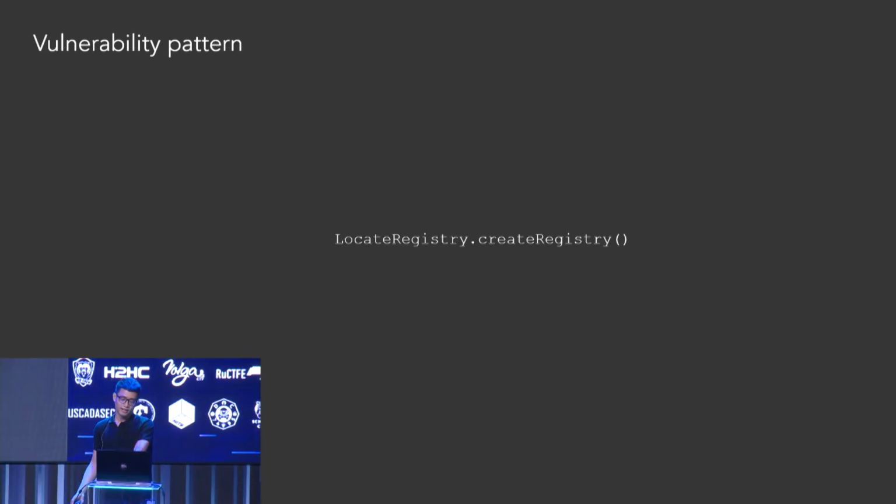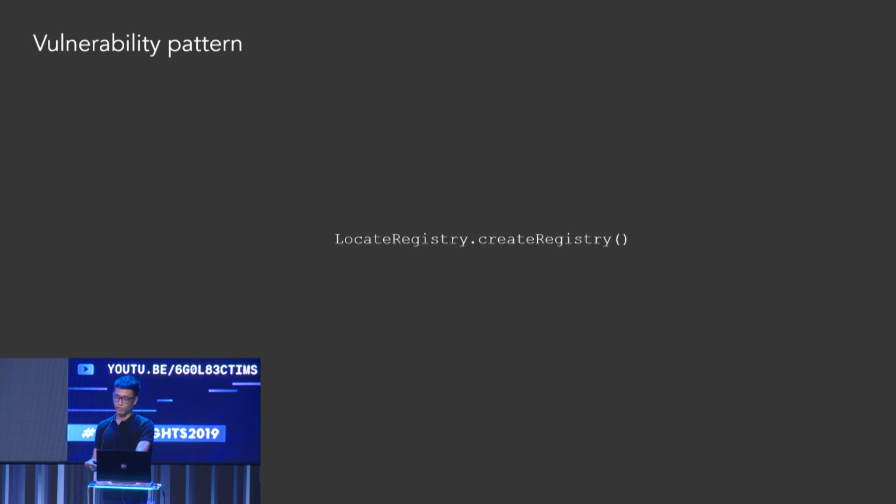Vulnerability pattern. This is basically 90% of how an RMI registry is created, using this method call. So basically, any RMI registry created using this pattern is vulnerable. So you can just Google Dork the code here and then report a bunch of CVEs under your name.